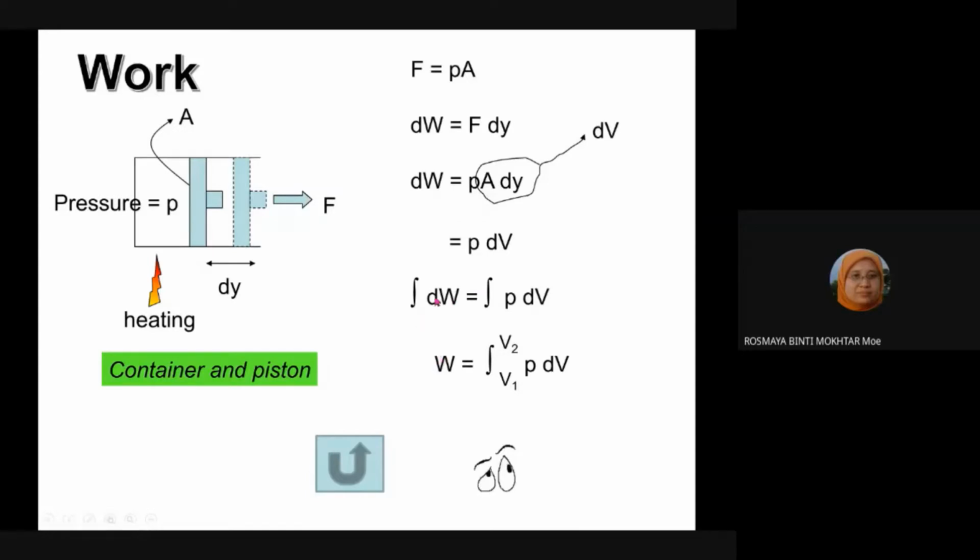For the right side, the volume changes from V1 to V2. V2 is the final volume, V1 is the initial volume. So we can write from V1 to V2, P dV. This is the derivation of the work done in general.